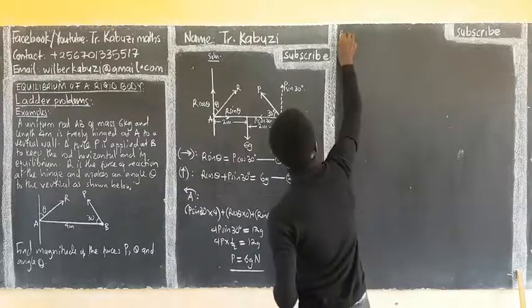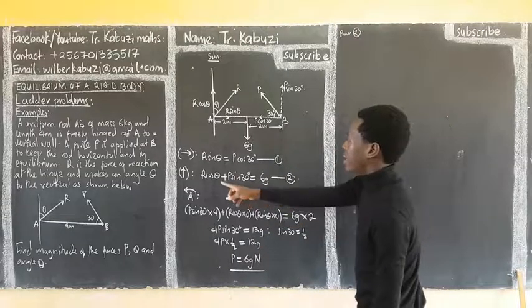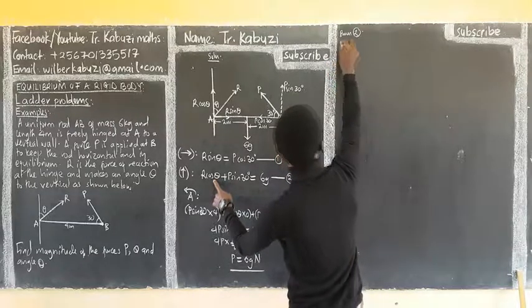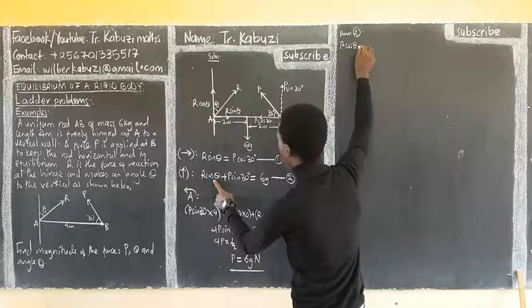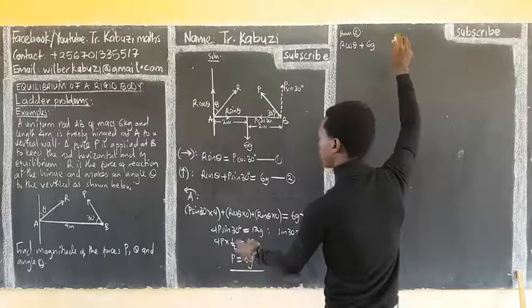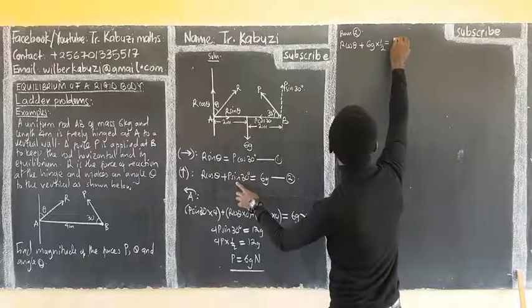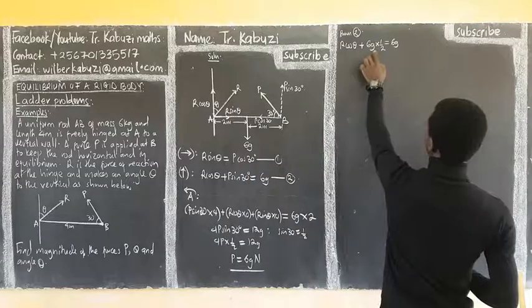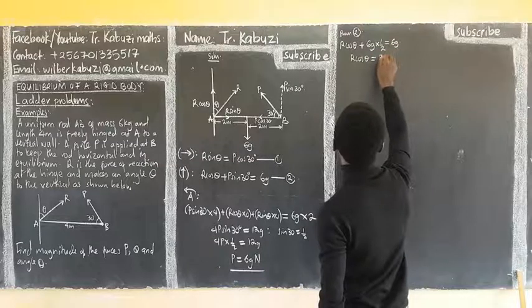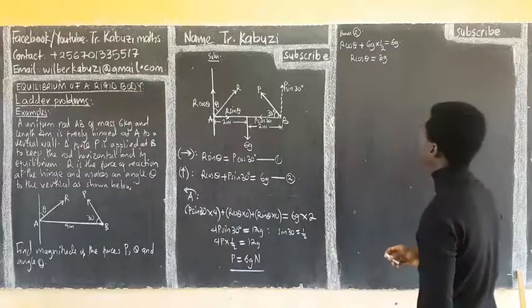So from 2, now I can say my R cos theta, then plus my P, which is 6B, then sin theta times a half will be equal to 6B. And from there, I take this side, is that my R cos theta is going to be equal to 3B. Because it's going to be 3 minus 6, which will be 3B.